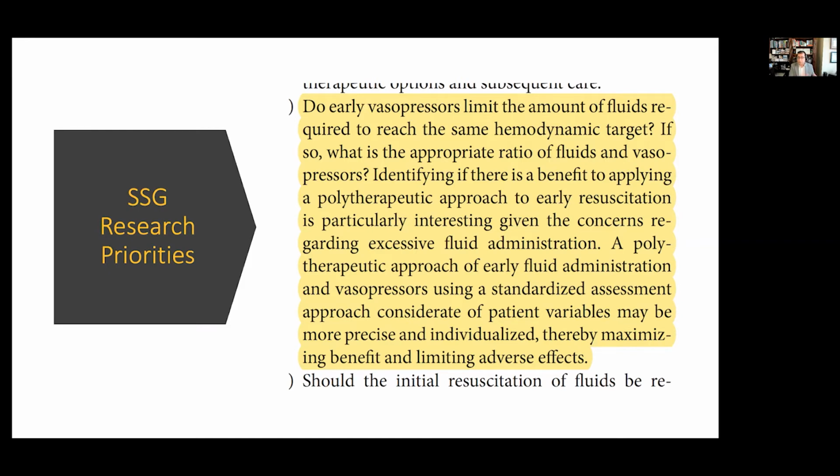So if we start pressors early, decrease the capacity of the tank, will this limit the amount of fluids we need to reach the same hemodynamic target? If so, what is the appropriate ratio of fluids and pressors? And is there a benefit for a polytherapeutic, a synergistic approach to pressors and fluids? So certainly high priority for the Surviving Sepsis group to find some answers regarding fluids versus pressors.